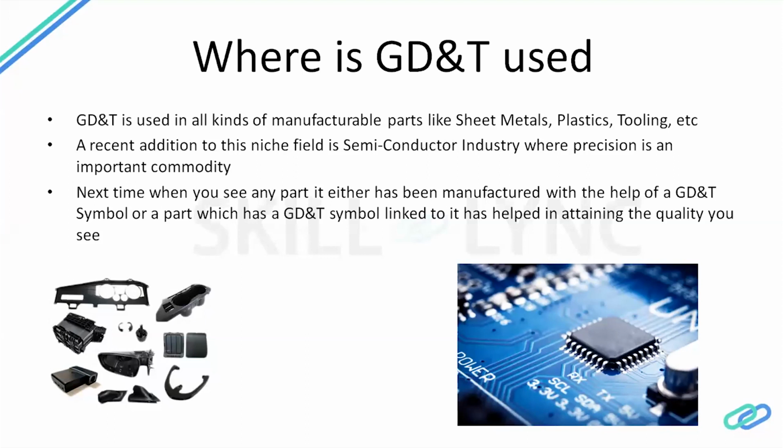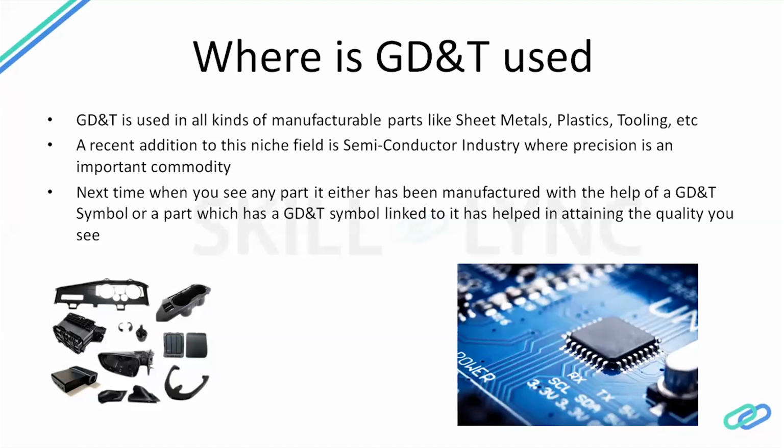And of course, you might be seeing your laptops or your mobiles and everything. Whatever part you see would have come through a GD&T symbol, or the tooling involved would have had a GD&T symbol.